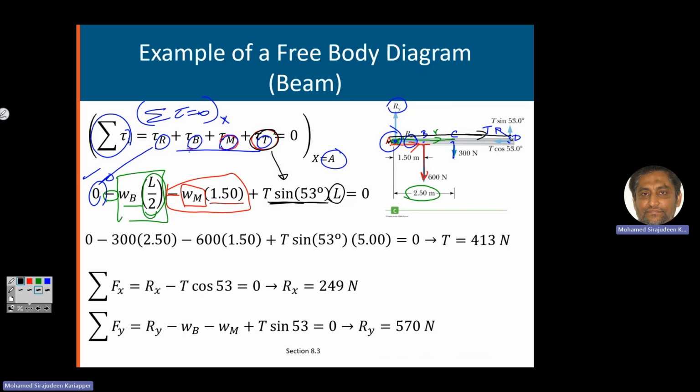Why is it a sine? Okay, that's the perpendicular component. In the question, the tension force is like this, and it is making an angle of 53. We want the y component, or the perpendicular component. So the perpendicular component will be sine 53. That's why, and it is plus. This is the pivot point, right?